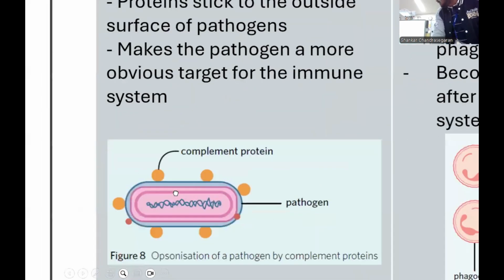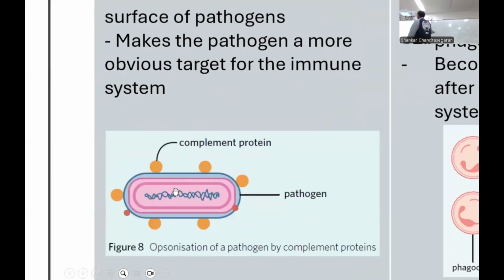So let me go through the first one again. The first one, opsonization, binds to the surface of the pathogen. They act as a marker that makes it easier to identify for the immune response. That is the first one.